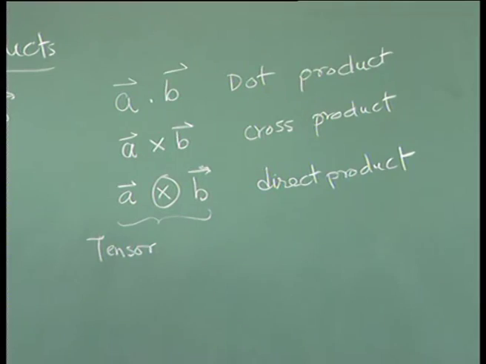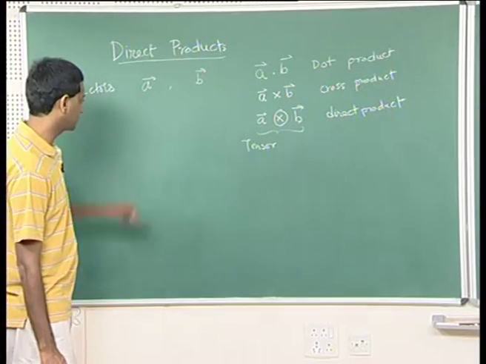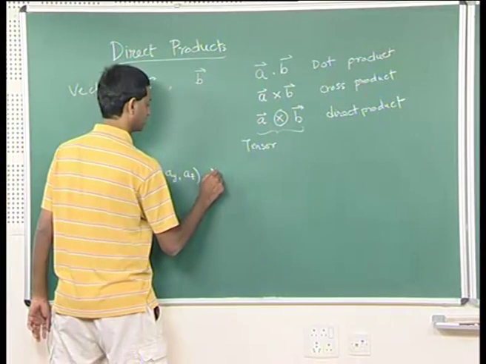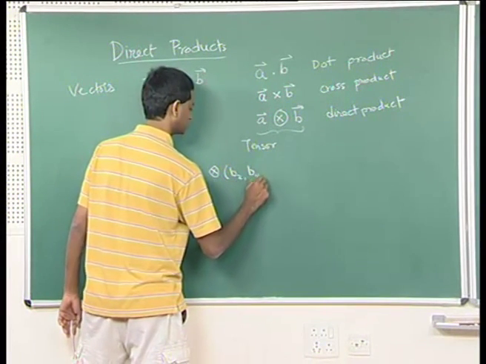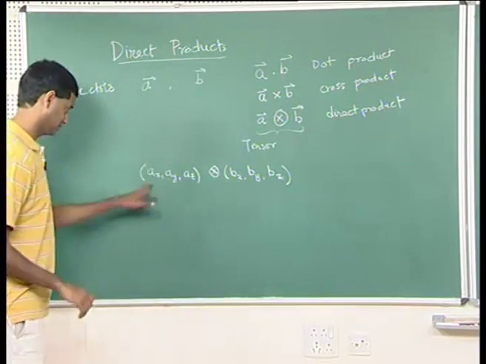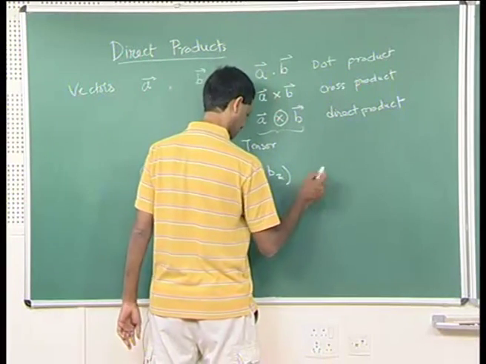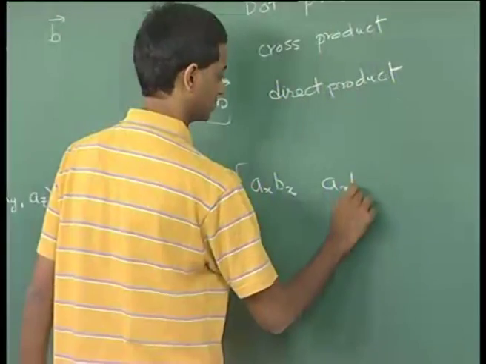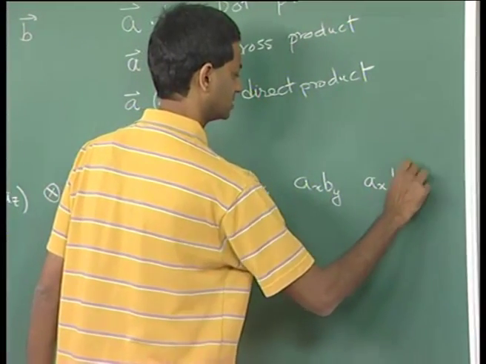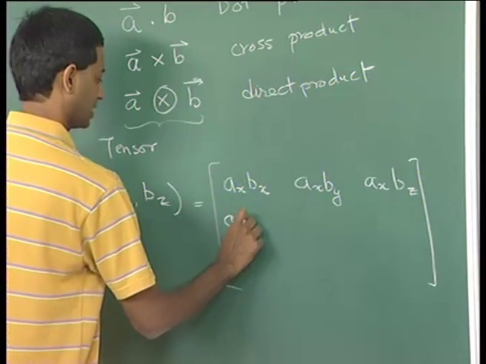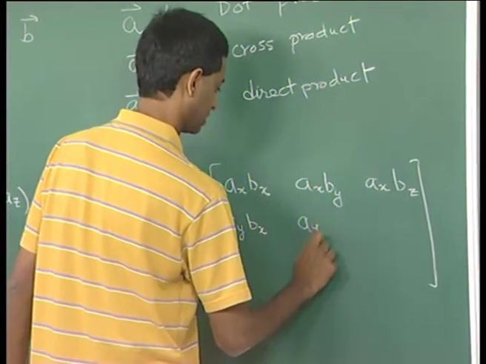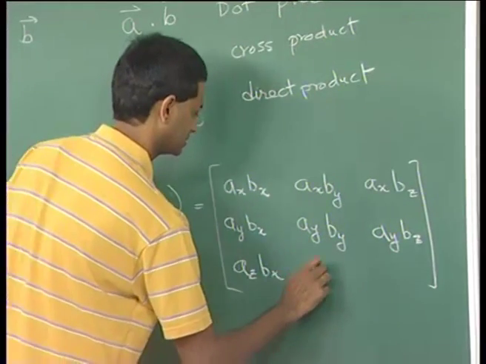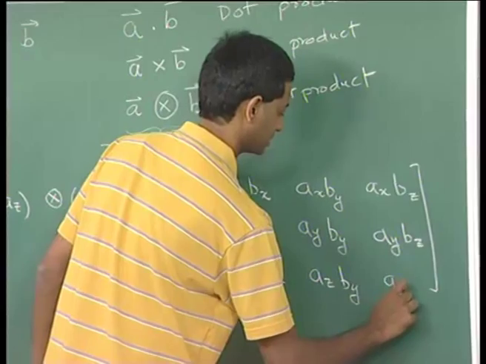The easy way to visualize this is, if A had components A x, A y, A z, and B had components B x, B y, B z, then this tensor product can be thought of as a matrix: A x B x, A x B y, A x B z, A y B x, A y B y, A y B z, A z B x, A z B y, and A z B z.